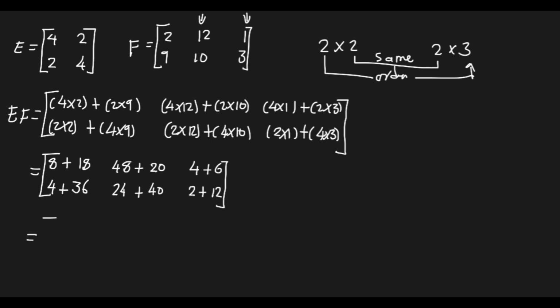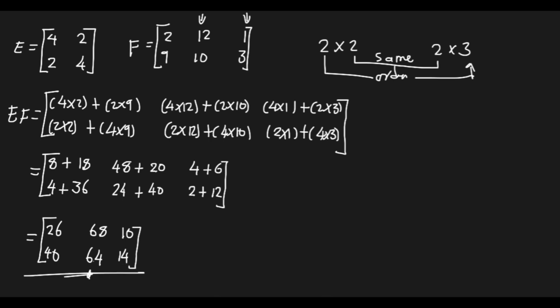Now let's find our final answer. So 8 plus 18, we get 26. 48 plus 20, that is 68. 4 plus 6, that is 10. 4 plus 36 is 40. 24 plus 40, 64. 2 plus 12 is 14.